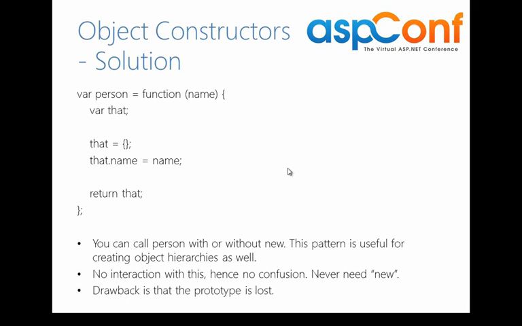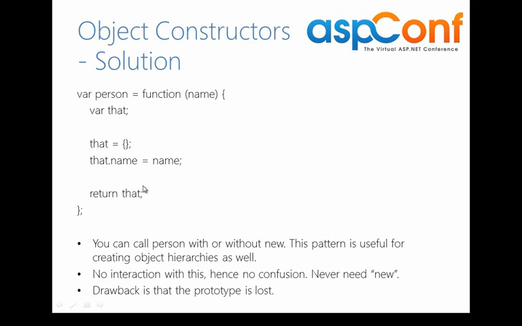So one approach is to simply forget about new, and do this. So you've got var that, and you initialize that to an empty object, and you go that.name equals name, and you return that.